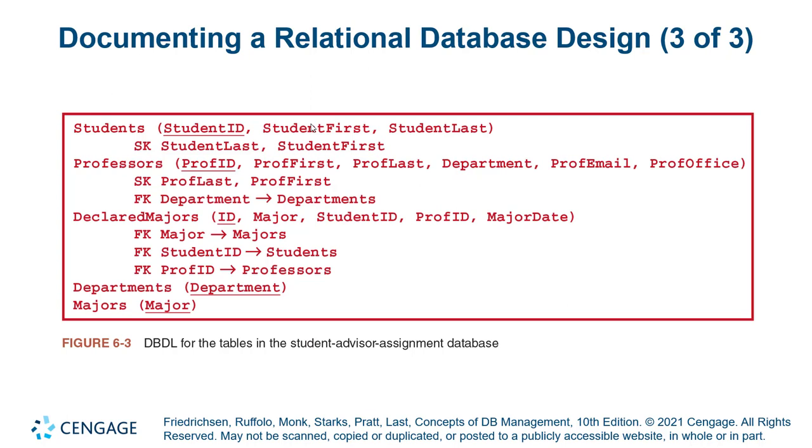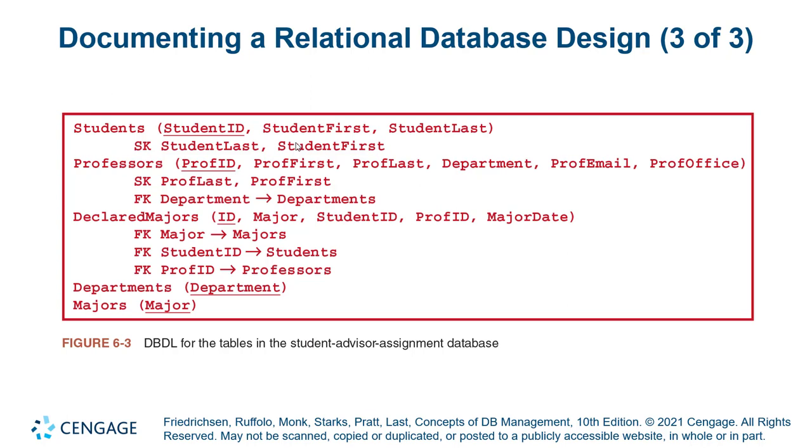Same with SK, our secondary key. We can see that in the second line, student last, student first. Again, this is not necessarily a unique field, but it is a single field or multiple fields that can be commonly used for retrieval, so it's a good idea to index them. That's why we do this documentation, because essentially all of our keys should be indexed for quicker retrieval.